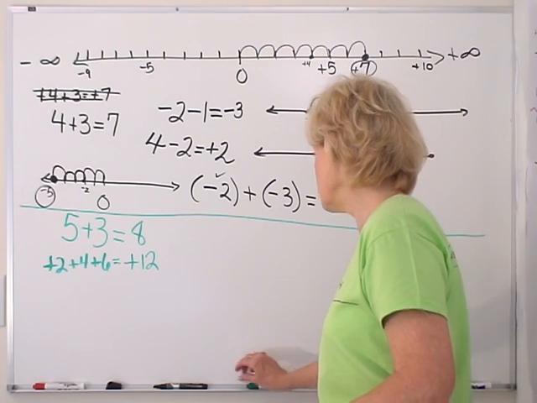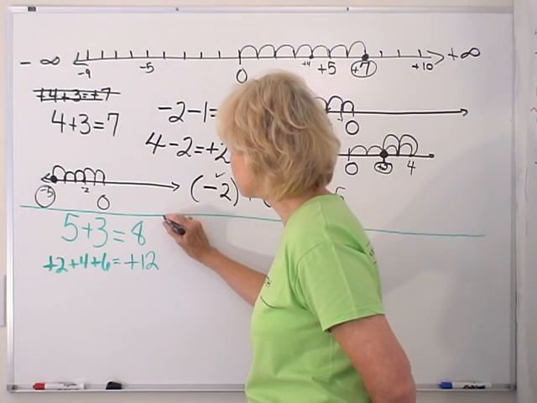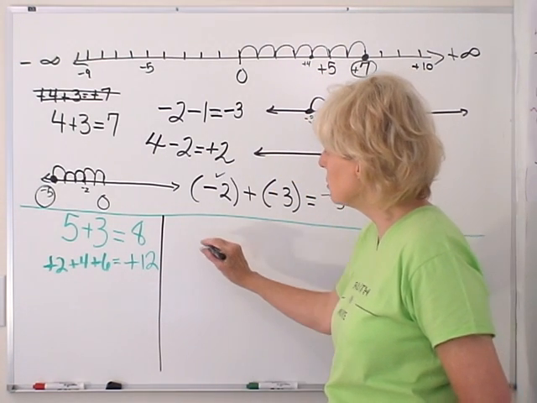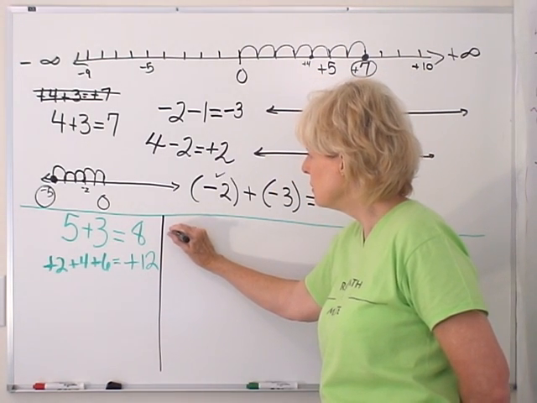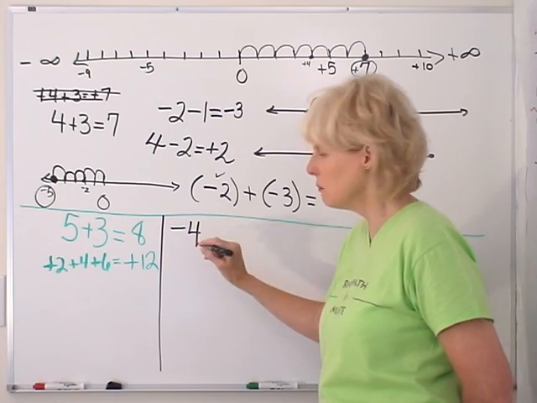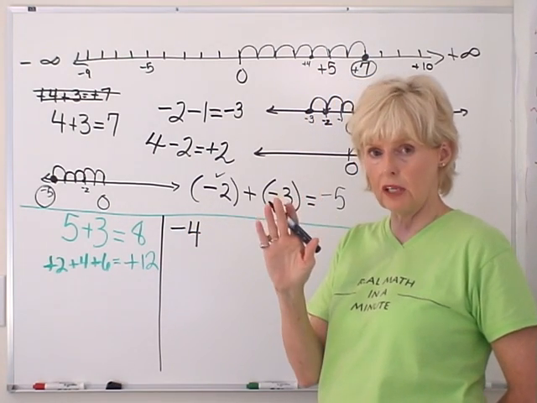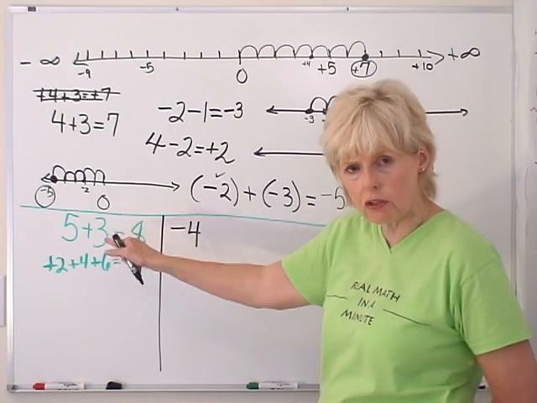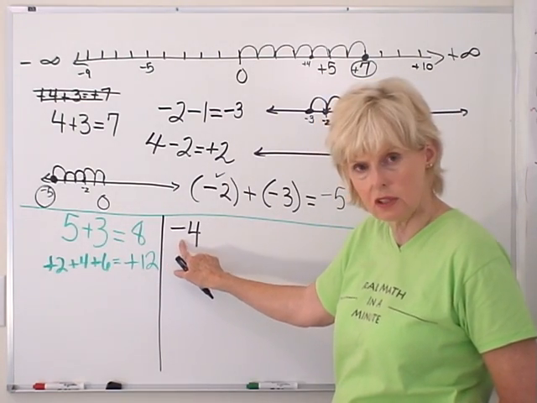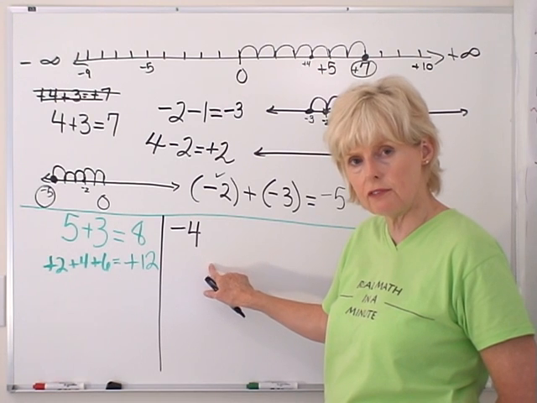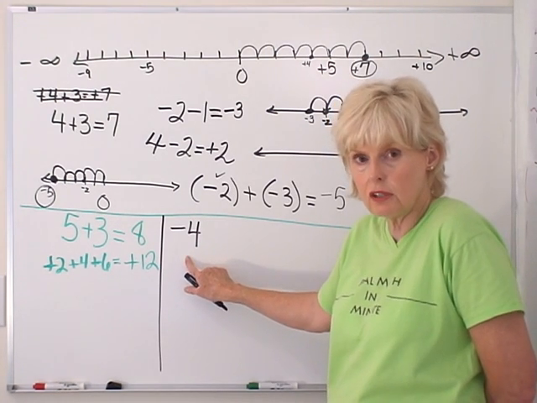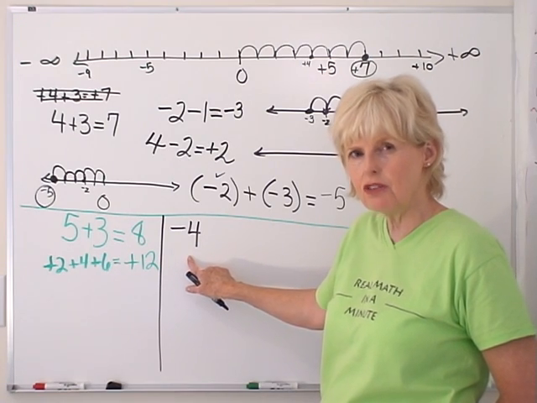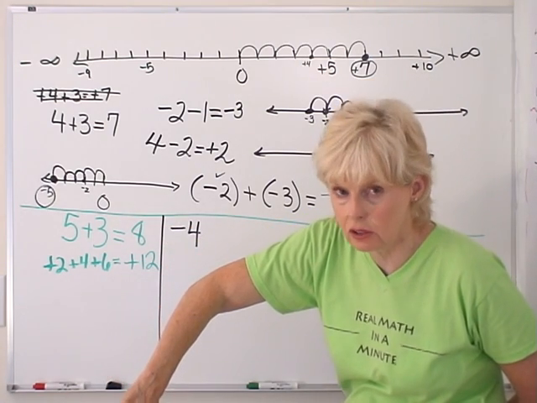Okay, let's switch to a different color. We'll go back to black for this next one. Let's say that we're going to have -4. Now remember, on the number line, just think the number line. Don't have to draw it, just think it for a minute. You're starting at 0 and you're going 4 to the left. That's what that means. You're at -4, and you're going to hop one more to the left.